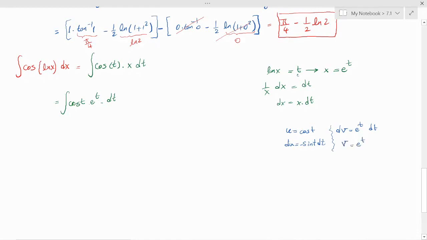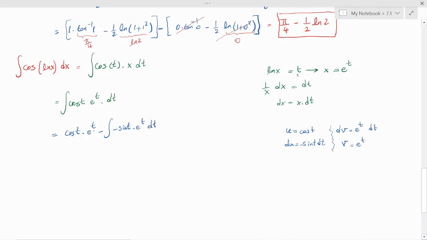The integral of e to the power t dt is still the same. So this would equal u times v, which is cosine t times e to the power t, minus the integral of negative sine t times e to the power t dt.